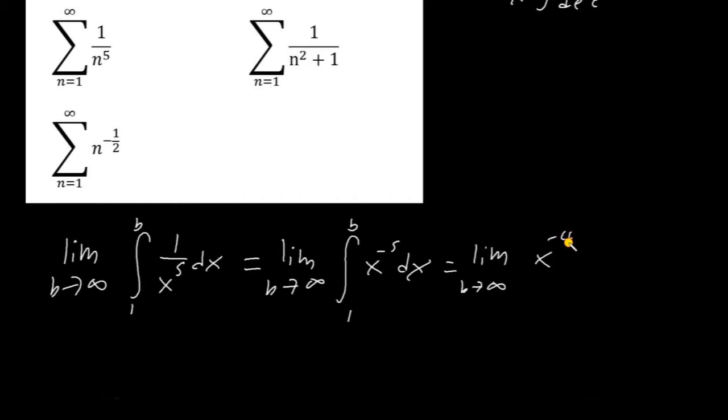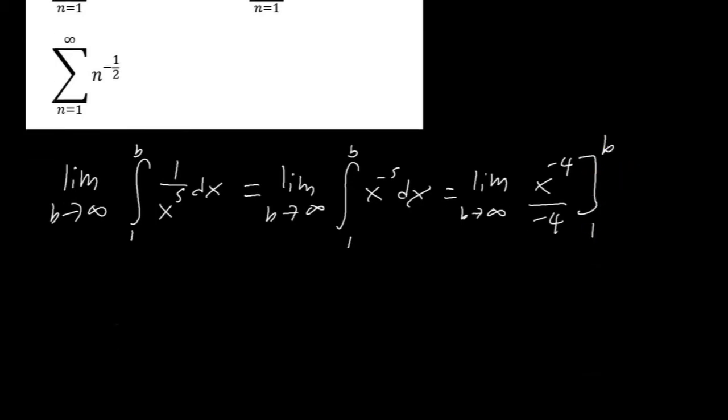We'll have x to the negative 4 over negative 4 going from 1 to b. So that's going to be the limit as b approaches infinity of, before I plug in the numbers, I'm going to rearrange this. I'm going to take this x to the negative 4, bring it down to the bottom to make our lives a little bit simpler to clearly see what's going on. So that's negative 4x to the 4th from 1 to b.